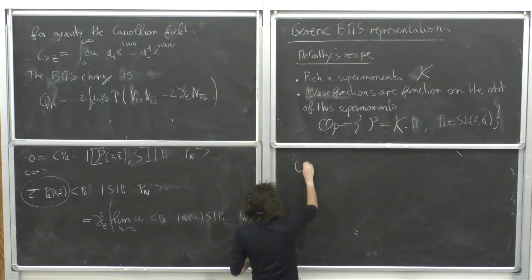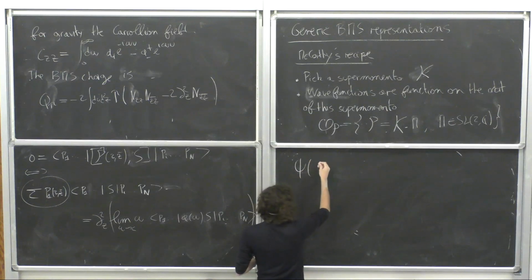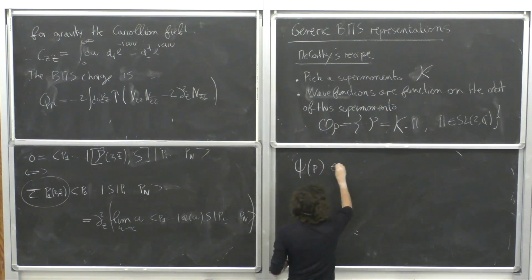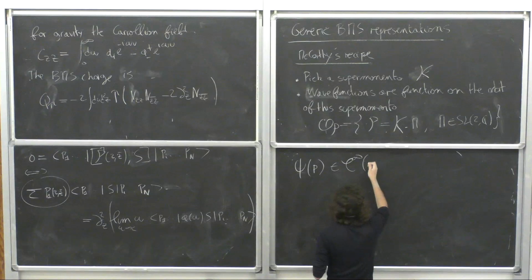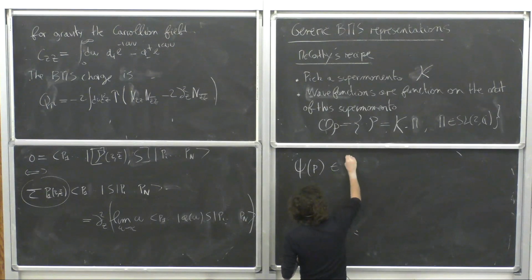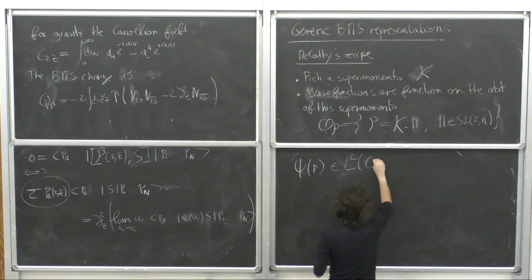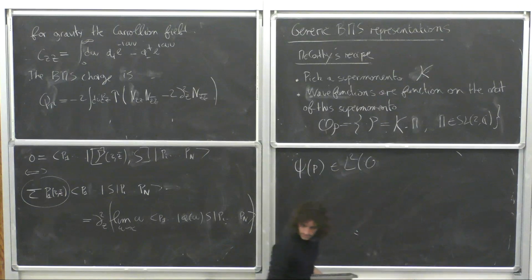So we are going to have psi of P. They are C infinity functions, probably L2. You want L2 functions on the orbit of the supermomenta.